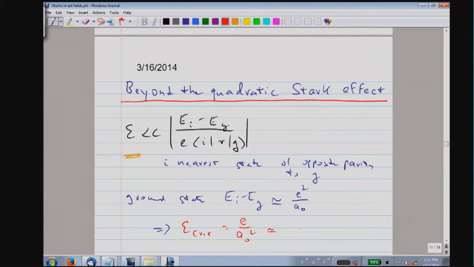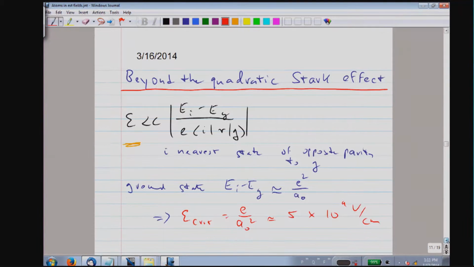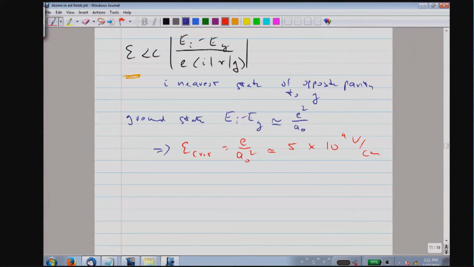And this is really high. It is on the order of 5 times 10 to the 9 volt per centimeter. And this is 1,000 times larger than laboratory electric fields.